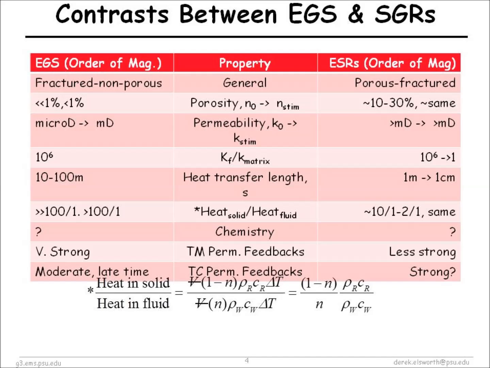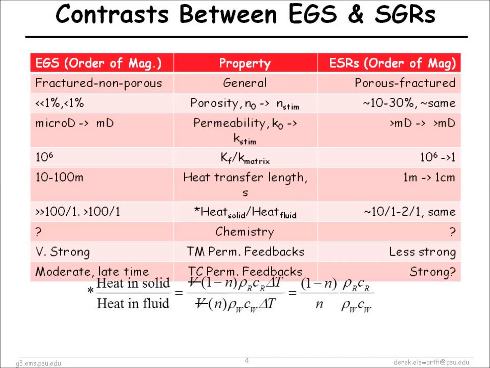Porosities are very different. They're probably much, much less than 1%, both pre- and post-stimulation. Permeabilities are very different. You go from stimulation at microdarcies maybe to millidarcies. 10 to the minus 14 is kind of the targeted number. And you're probably much larger than that in terms of millidarcy magnitudes in these permeable reservoirs.